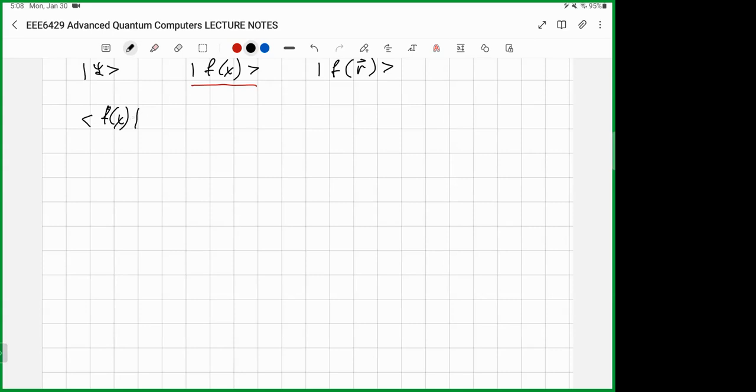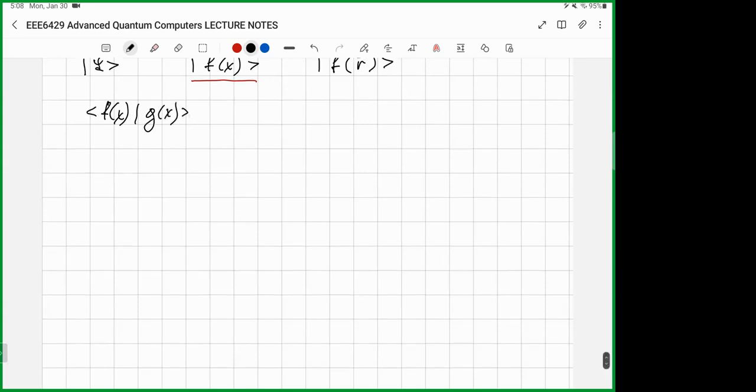So this is my first vector, then my other vector, g of x. This inner product of two vector functions is equal to the integral of the first one, complex conjugated. So this f of x is the bra vector here, so it's supposed to be complex conjugated. Then g of x dx.